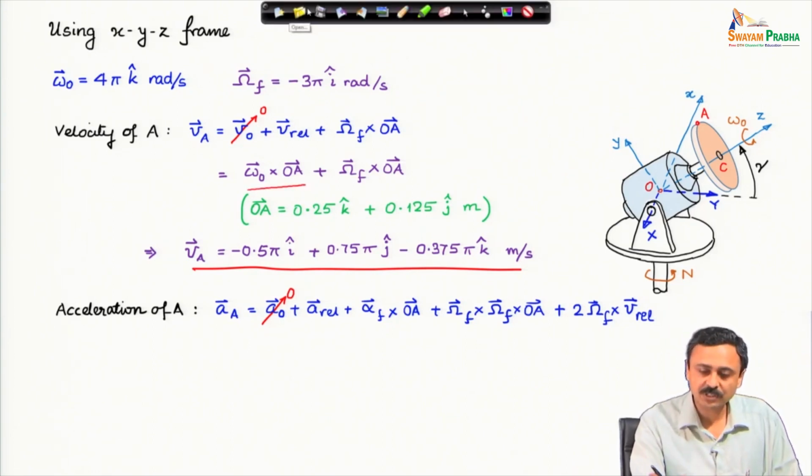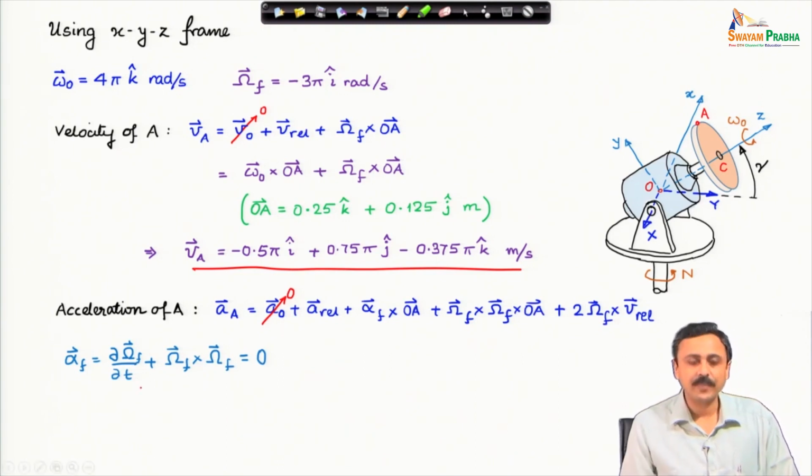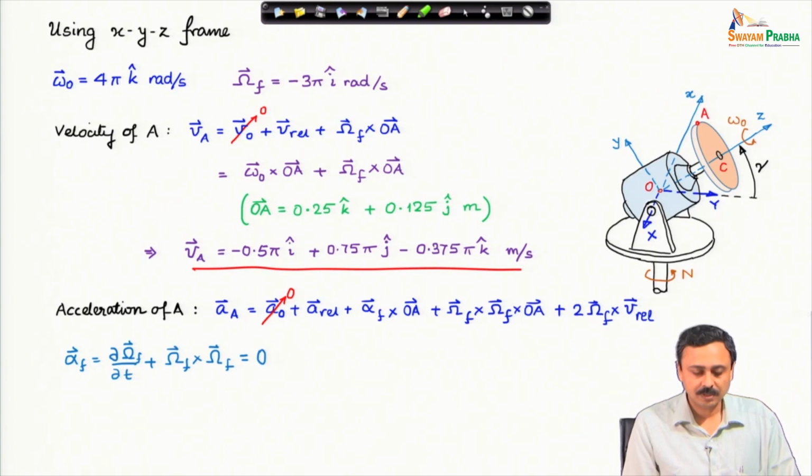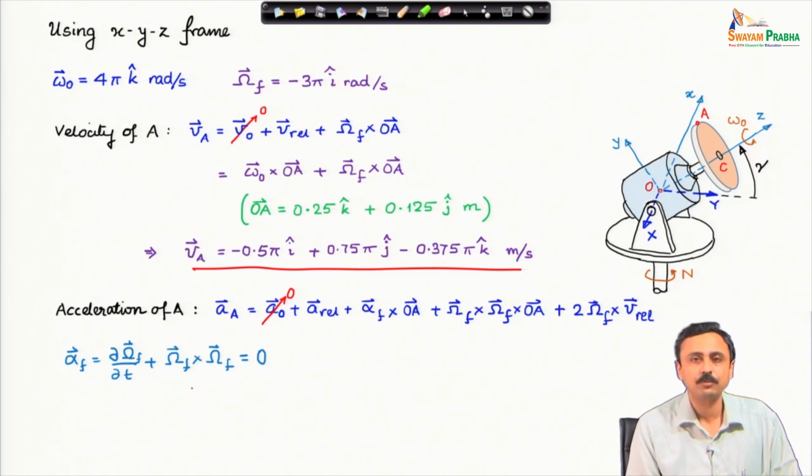Therefore, we have expressions for all terms. If you just plug in, the only thing is the angular acceleration of the frame. If you find that out, alpha f is equal to the local derivative del t of omega f, plus omega f cross omega f, which is always 0. Therefore, this is 0.